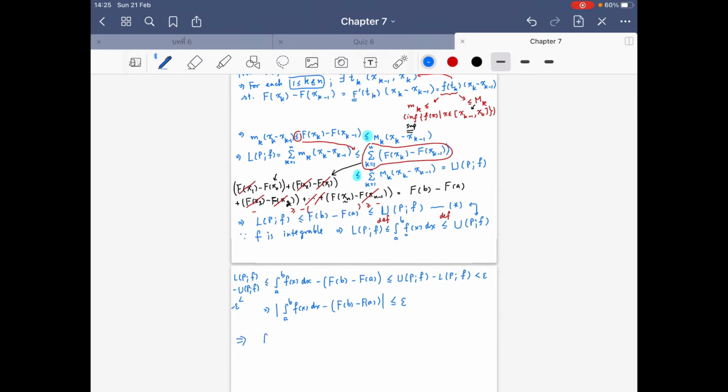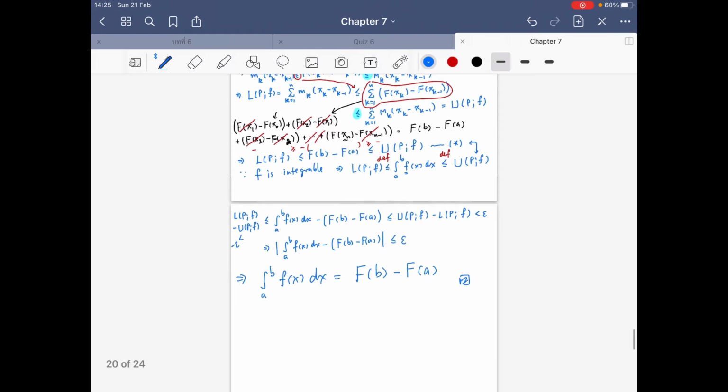So the integration of your small f will be your capital F at b subtract your capital F at a. So this is the first version of the fundamental theorem of calculus.